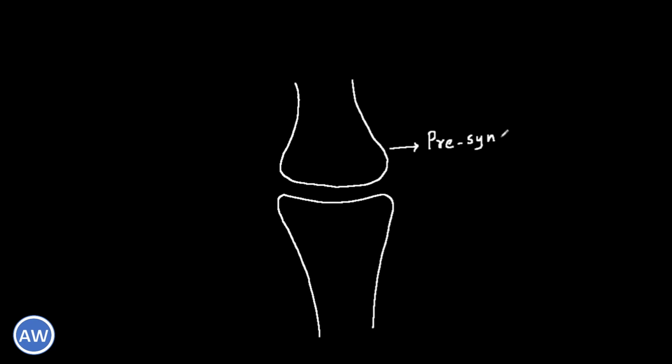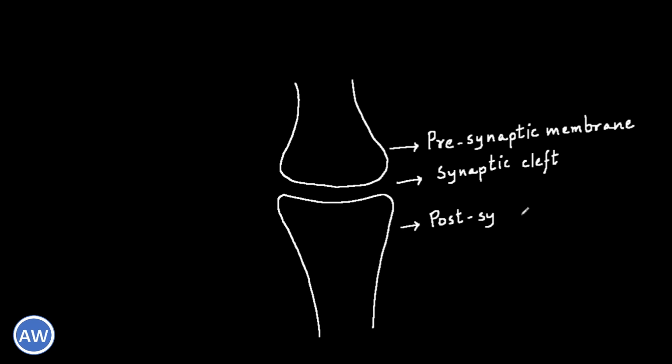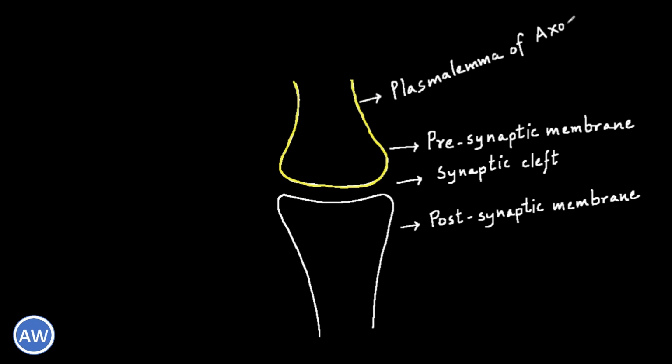As mentioned earlier, the presynaptic membrane, the synaptic cleft and the postsynaptic membrane are the major functional components of a synapse. So let us have a look at these functional elements one by one. The presynaptic membrane is the area of the plasma lemma of the axon terminal that contacts the synaptic cleft.